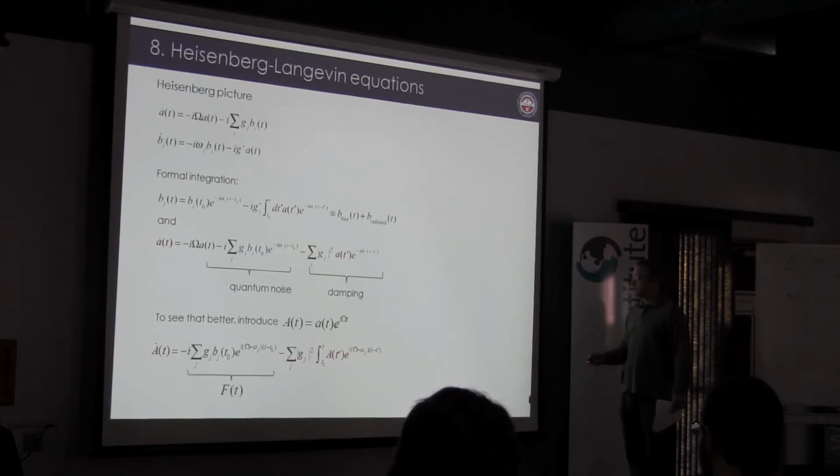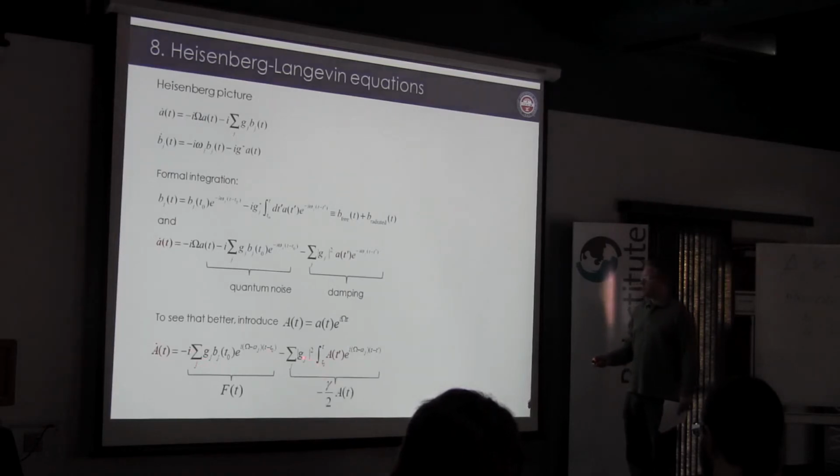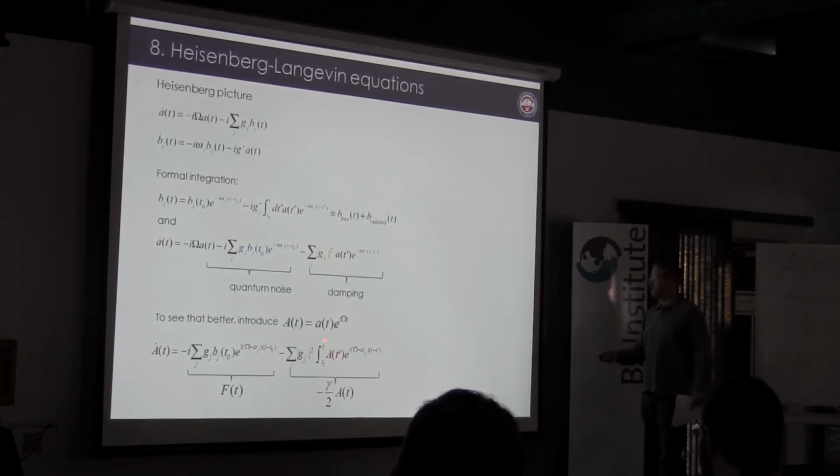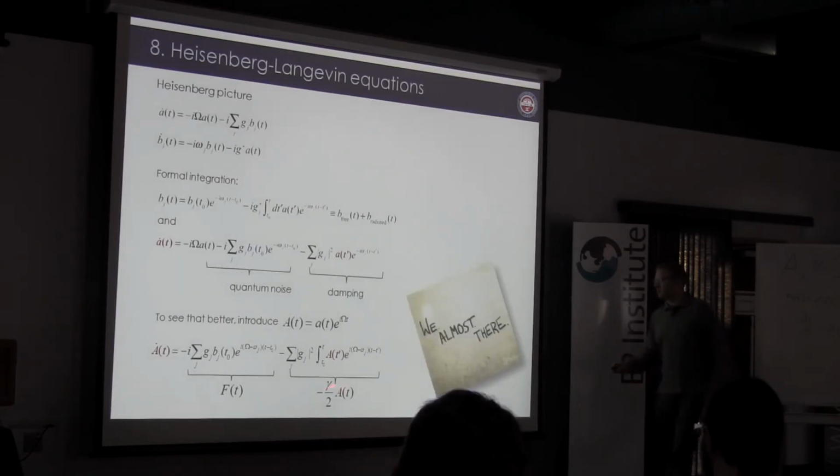So first of all, you remember seeing this guy before. That's just the noise operator F(t). When I do all these tricks again, turning this into a continuum integral, pulling this out because it slowly varies, this becomes a delta function. I get another delta function. I get A(t) here. It's messy, and we're almost done.